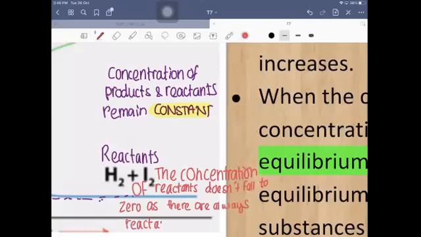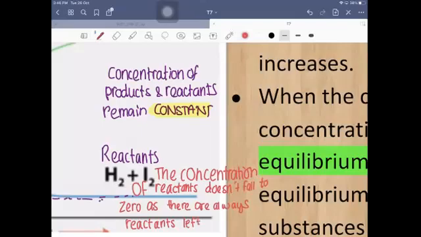Now, if you have your concentration falling down to 0, that means there's no more reactants left. The reaction should stop. But in a dynamic equilibrium, the reaction continues, the forward and reverse continue at the same rate.